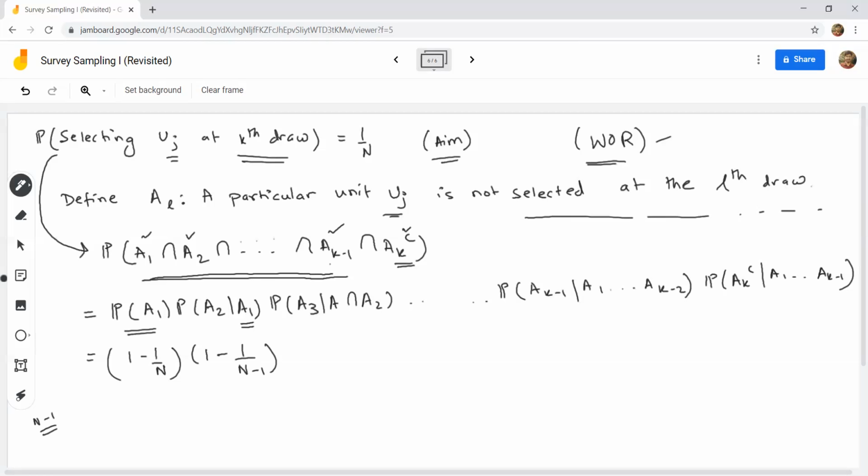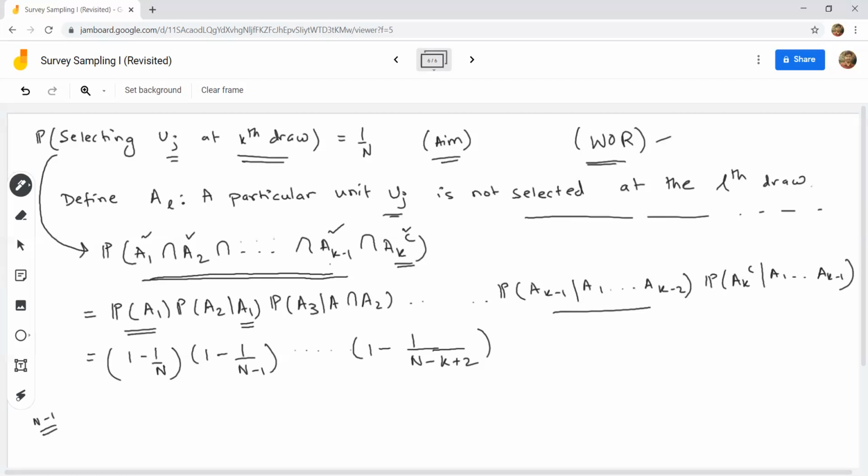Fine. So this goes on and on again up to this term, which is 1 minus 1 by n minus, this is k minus 2. So this is n minus k plus 2 after adjustments. And now, what is the number of elements remaining in the population? You have gone up to the k minus 2th step.